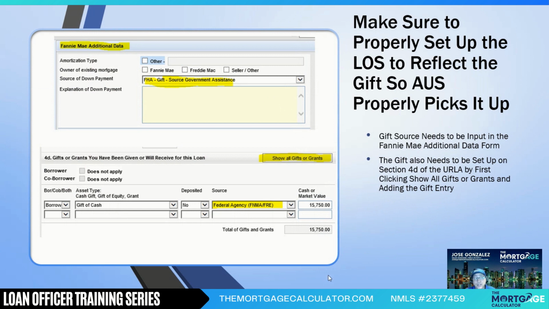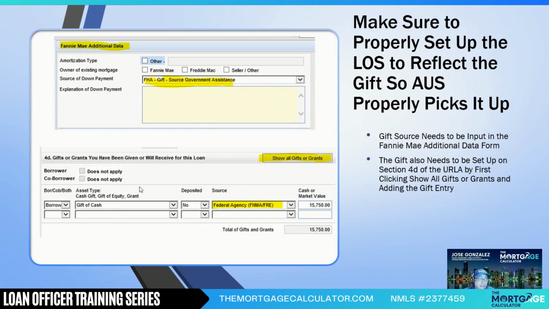So you could just go to Encompass, if that's the LOS you use, click show all forms in alphabetical order and look for the Fannie Mae additional data form. Click on it and make sure that you put the source of the down payment as FHA gift source government assistance, if it's an FHA loan, obviously, unless you're doing it with a USDA loan.